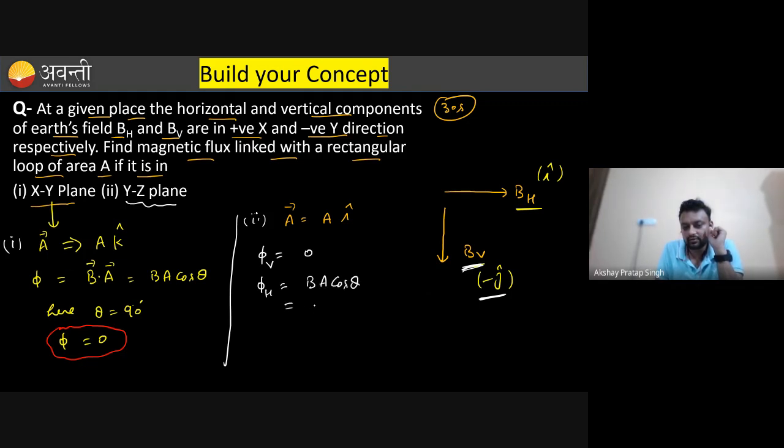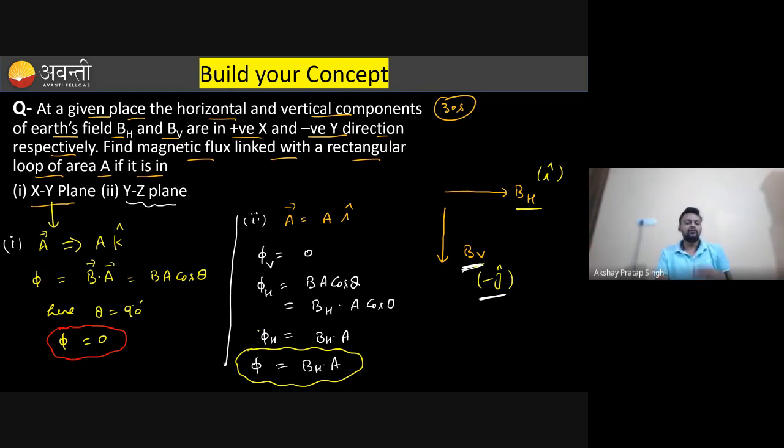If you put in the values, the B field is horizontal BH, area is A, angle is 0. So it will become BH into A. This is due to the horizontal field. So the total flux will be, adding the vertical and horizontal, BH into A. This is the total magnetic flux.